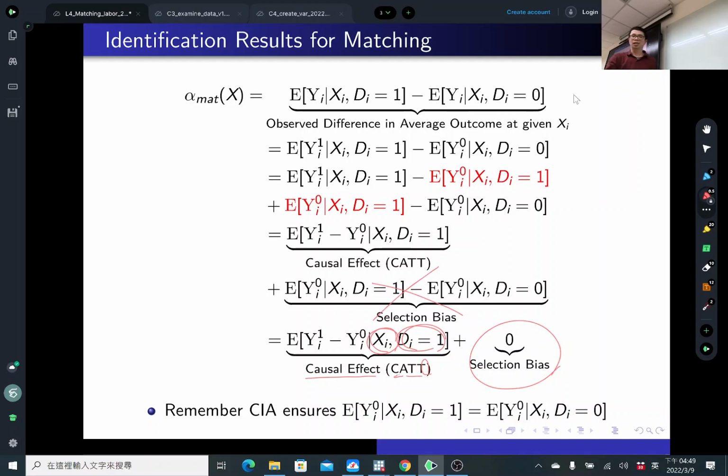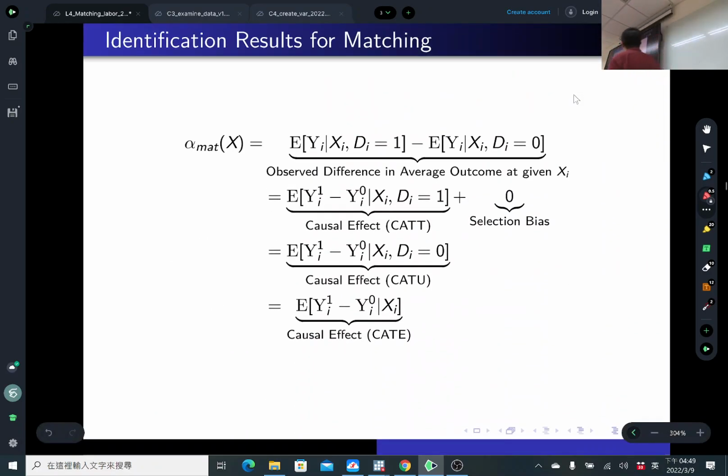And then you can also identify the causal effect for the control group, because due to the CIA assumption, after you control the observed characteristic, after you control the age, whether you get treatment or not is independent of the value of potential outcome.